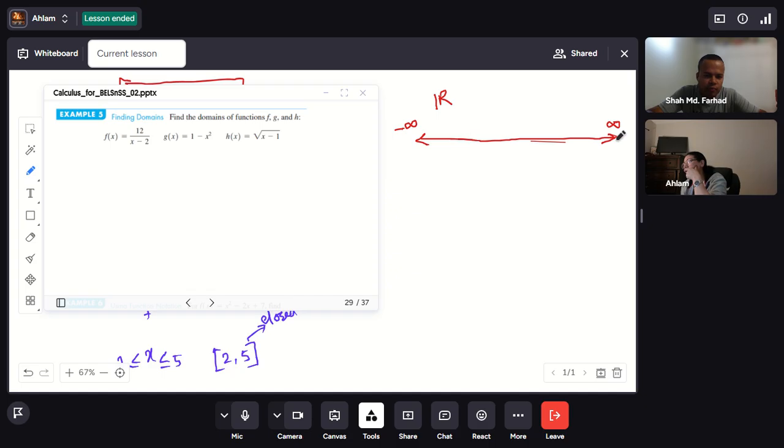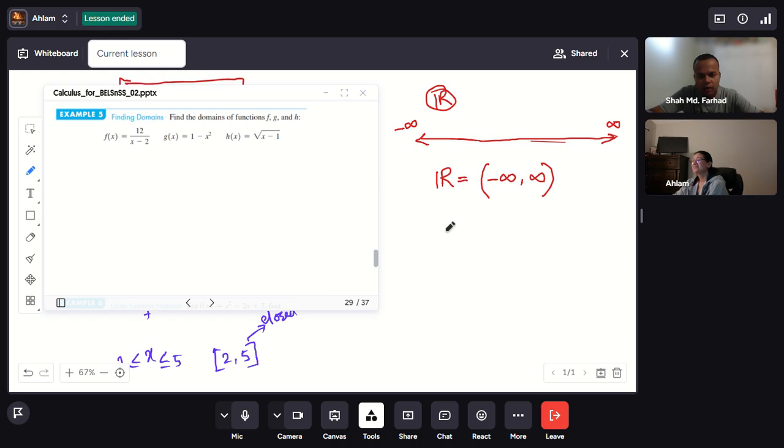So all the numbers on the number line are under R. We can rewrite R as negative infinity to positive infinity. And since infinity is not a fixed number, we will always use the first bracket with infinity.